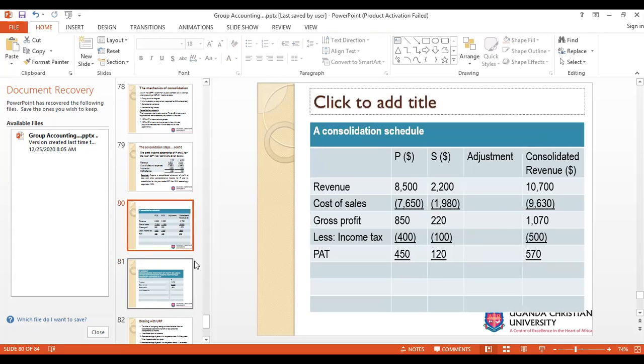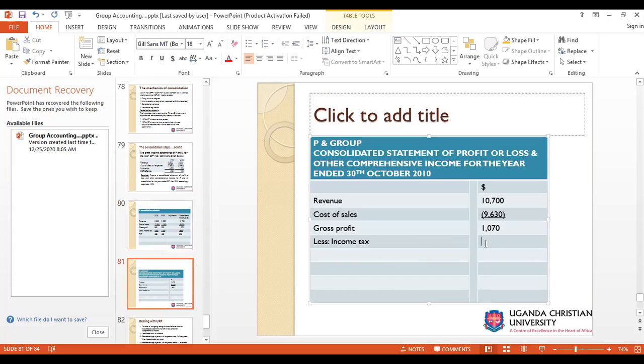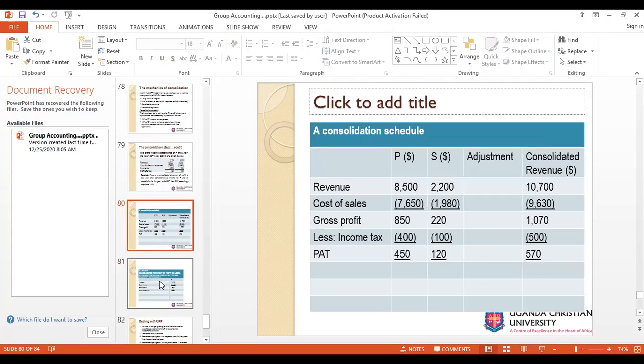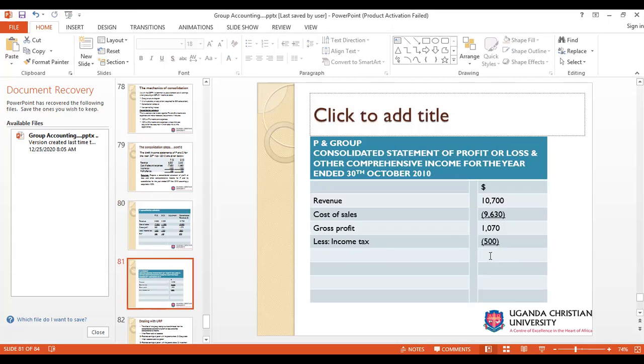It is 500. Now the result here is 570. So that is 570, which is profit after tax.